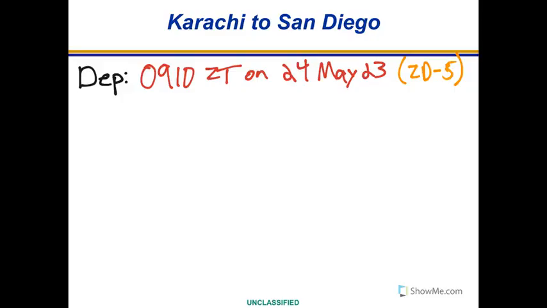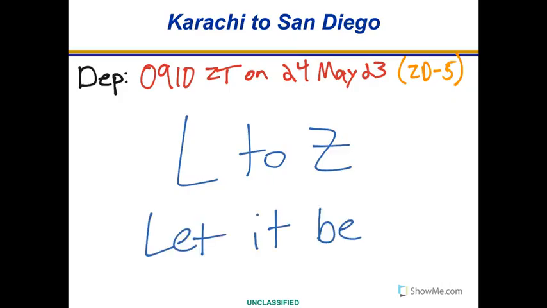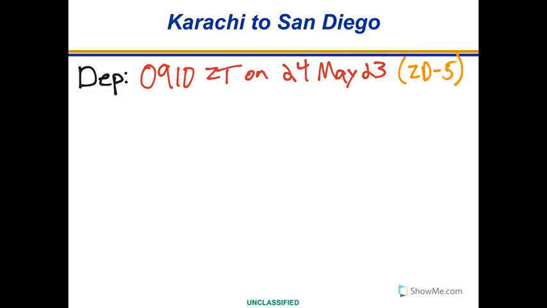From our ditty, we know that we're going L to Z. We're going from local time to Zulu time. L to Z, let it be. That means we're going to take the zone description of -5, and we'll just subtract 5 hours from our zone time to get to Zulu. So here we go. We're going to subtract 5 hours and 0 minutes.